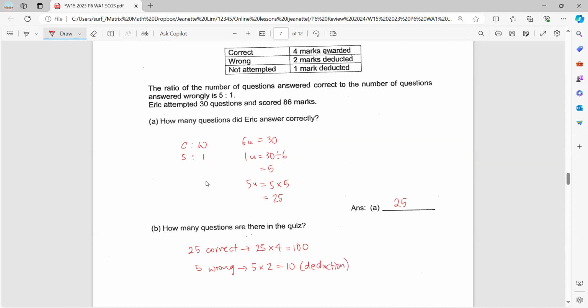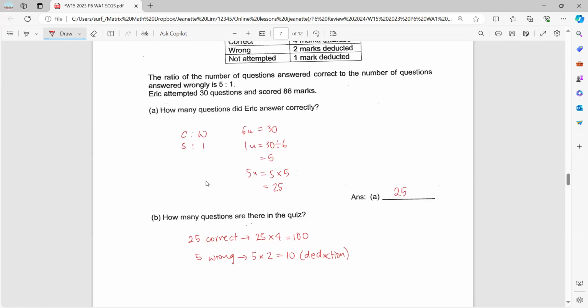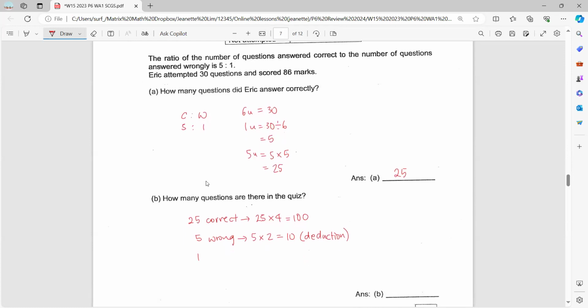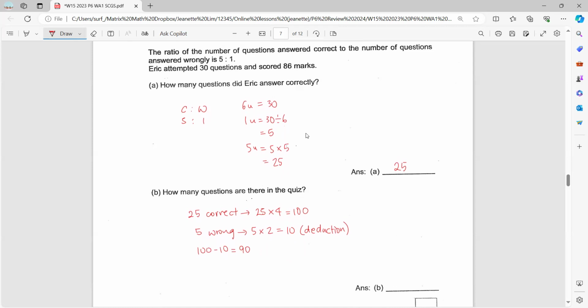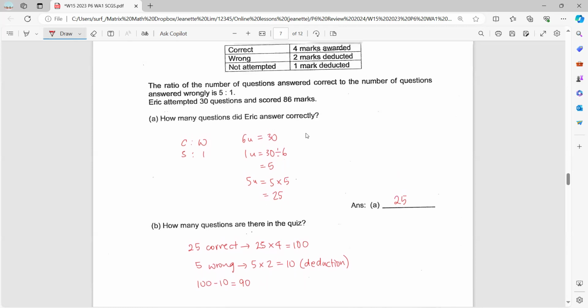So technically, if there were 30 questions, what he should be getting is 90, right? But he scored 86. And why is that so? So 90 is higher than 86 by 4 marks, so there were another 4 marks that were deducted. Why?